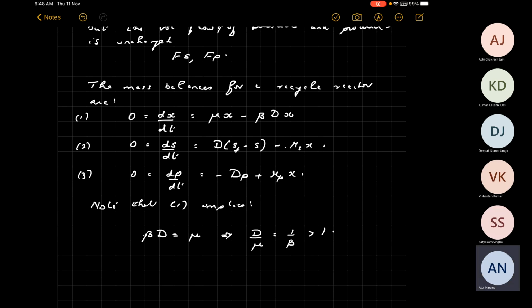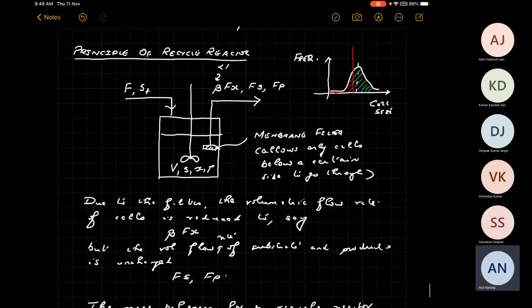So by uncoupling the flow of the cells and the liquid, earlier in the chemostat, when you pulled stuff out, the liquid and the cells came together. All you've really done by putting this filter over there is you have uncoupled the two. The liquid is flowing at the same rate, but the cells that are flowing out, you can control them by changing the type of membrane you have.